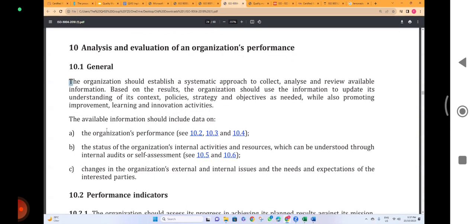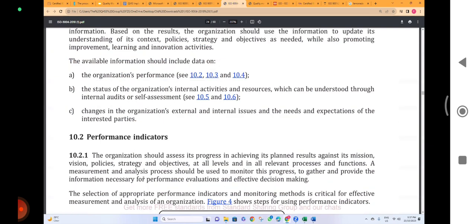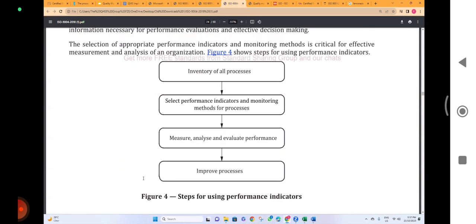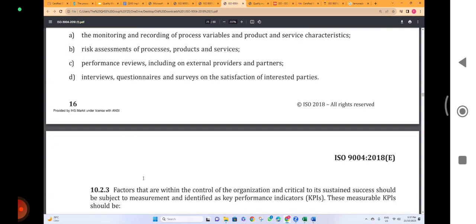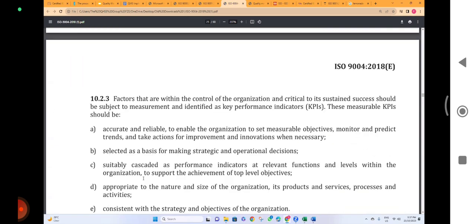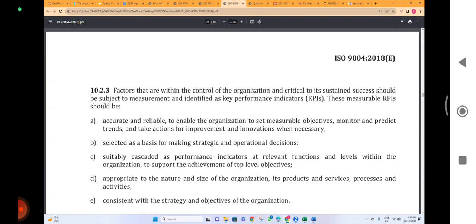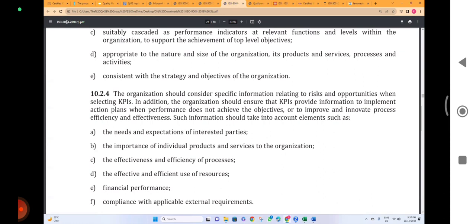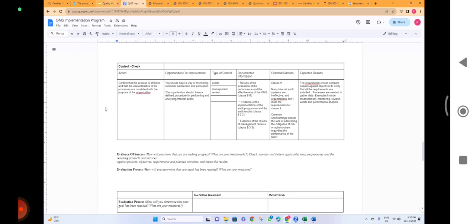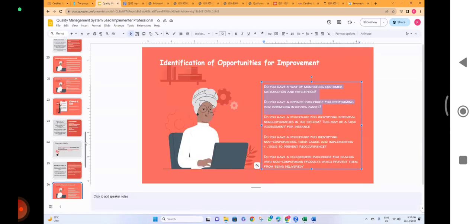They have explained how to determine each category. What are the performance indicators that you have to use? There is no shortage of examples here. It is as simple as it can be; even when I try to explain, it will never be as simple as it has been done here. Again, this ISO 9004, the 2018 version copy, comes alongside your standard and the cost bundle that you're going to get.